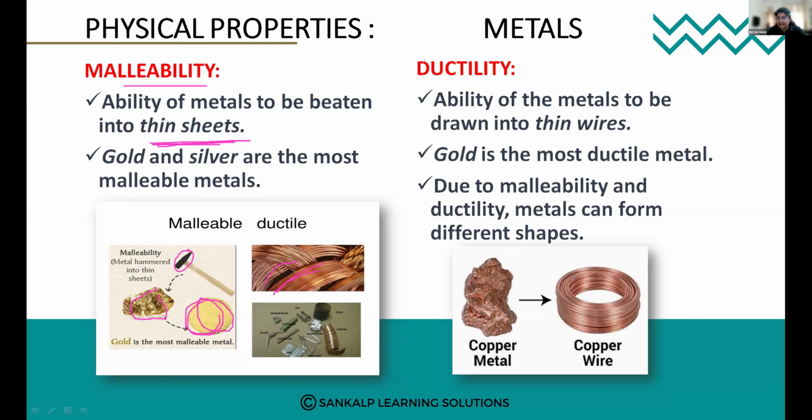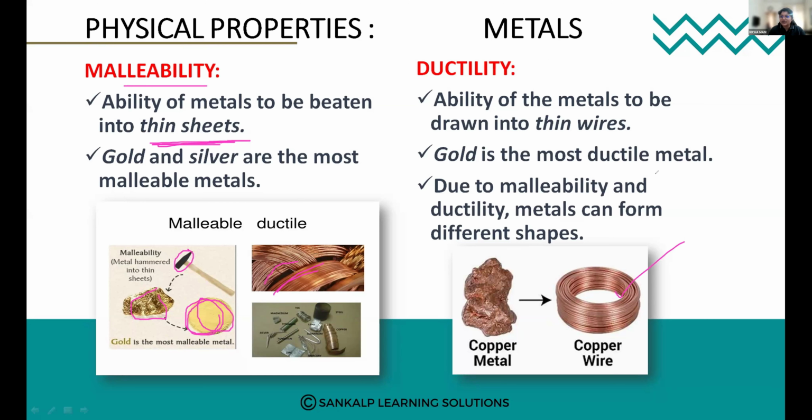Next is ductility. What do you mean by ductility? The next property, ductility, is the ability of metals to be converted into thin wires. You can see the copper wire, which is used in electricity, right? When you give an electrical connection, wires are used.